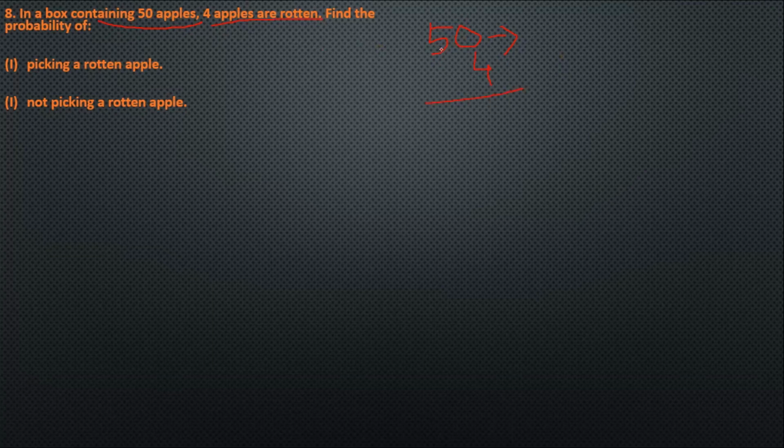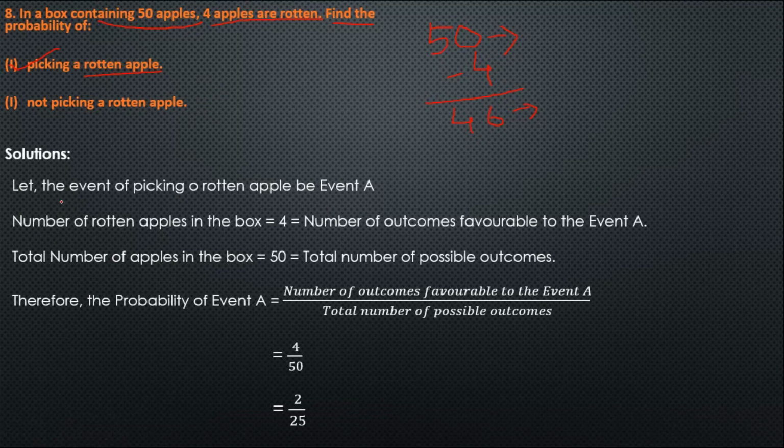This means how many apples are not rotten? 50 minus 4, this is 46 apples that are not rotten, that is good apples. Find the probability of picking a rotten apple first and then not picking a rotten apple. So as you have understood the question now, here you go with the solution.